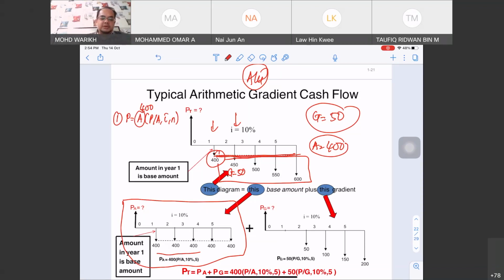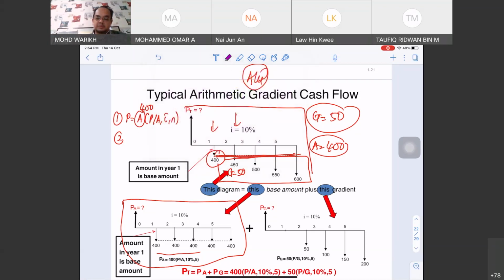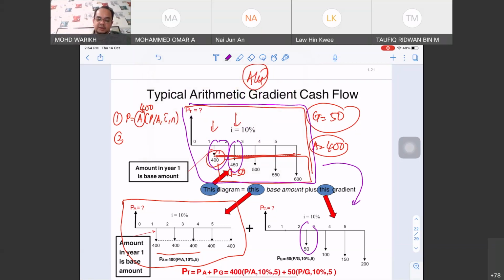So the second one is about the gradient itself. Make sure that from this cash flow diagram, you draw it back, starting from year 2, because the difference between year 2 and year 1 is 50 ringgit, right? So we know that it's a gradient.